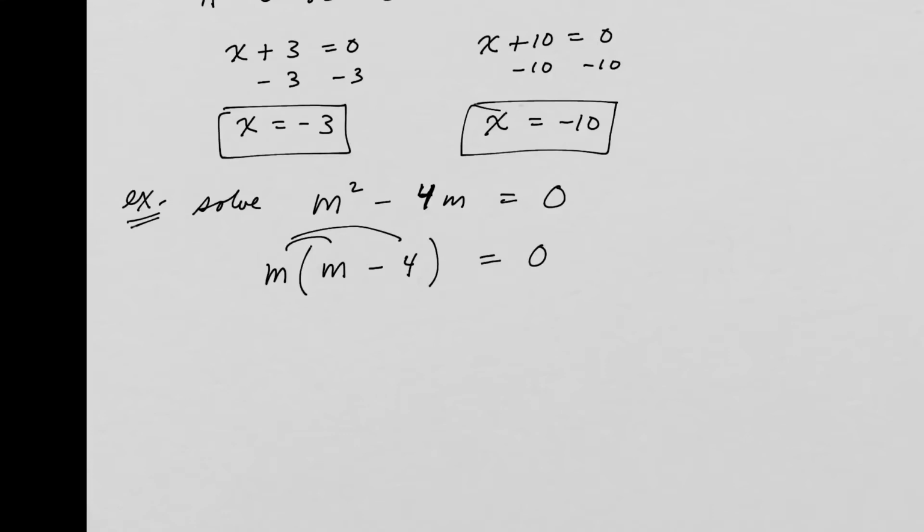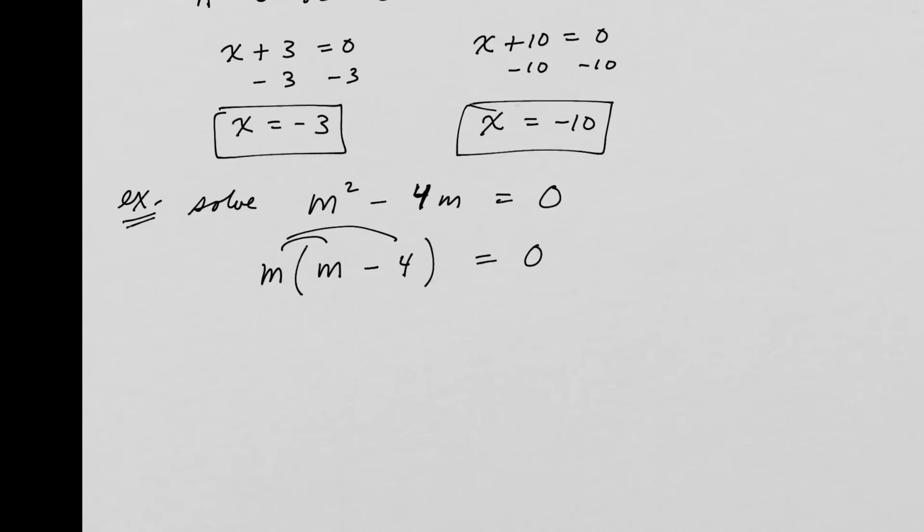And then again, I can argue that one possibility is that m is equal to 0, and the other possibility is m minus 4 is equal to 0. Well, this is all done, right? So one solution is m is 0, right? That will make the entire thing 0.